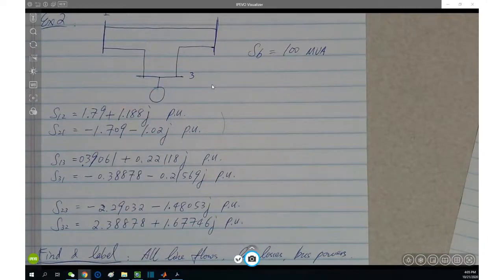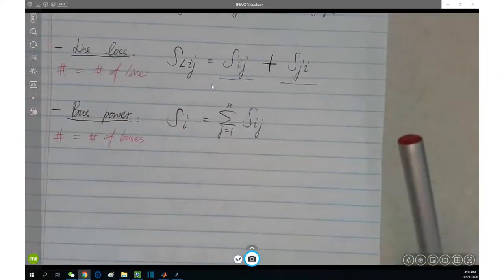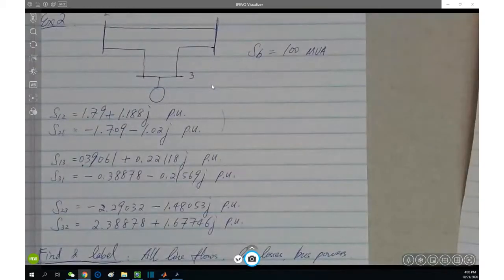All right, go ahead. A little bit of a hint here. From line flows, you can easily find line loss, right? So we have 3 line losses and also 3 bus powers. And how do we find bus power? We have this formula: sum all of the power starting from the bus. That is nothing but the bus power.